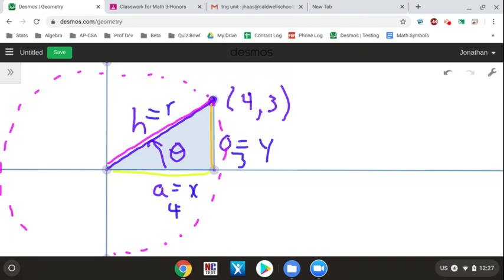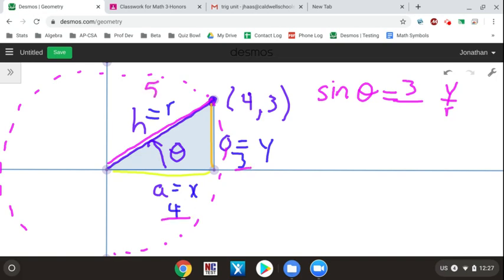So that means if I go to get my trig functions, if I want to do sine of theta, it is still opposite over hypotenuse, but sometimes you might see it written as y over r, because y on the coordinate plane is the opposite side of 3, and r is, well, I haven't found the length of r yet, but I notice this is a 3, 4 right triangle, so the other side is 5.